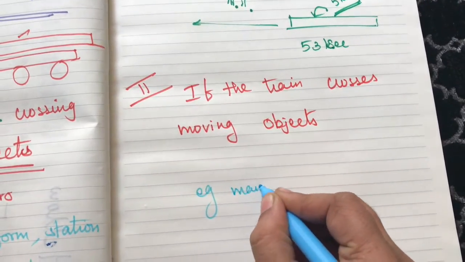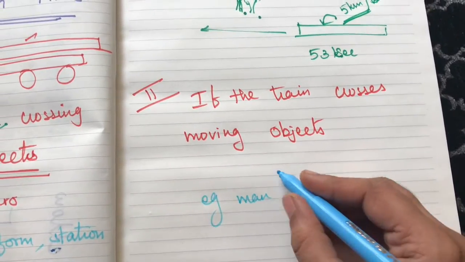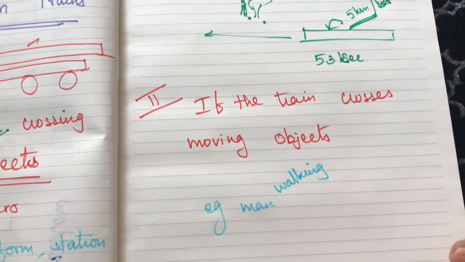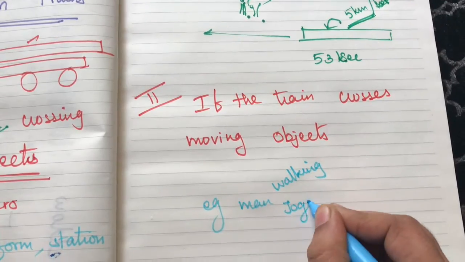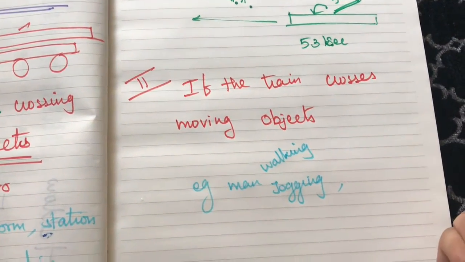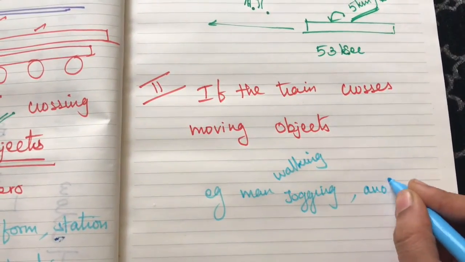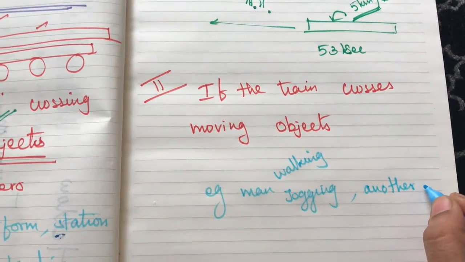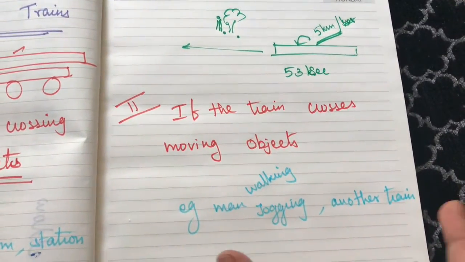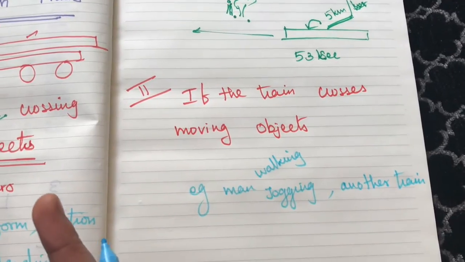A man walking or jogging. Then another train. So these are the objects which are moving.